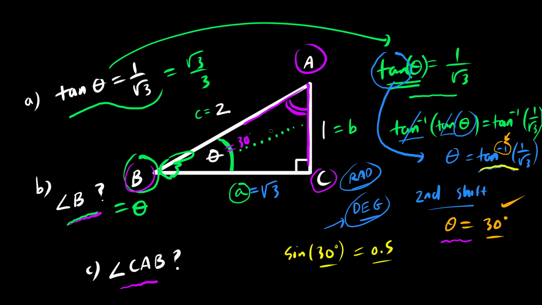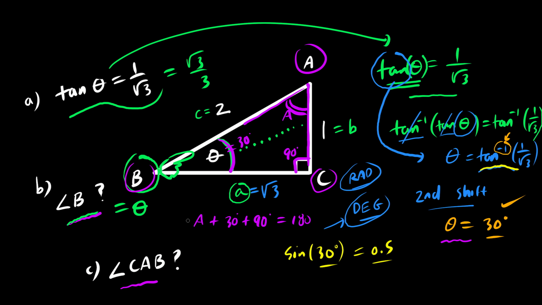Now the fastest way to solve this is we have 30 here. We have 90 here. This represents 90 degrees, this little square corner. And so we know that the three angles in a triangle add up to 180. So I'll call this angle A. So A plus 30 plus 90 is equal to 180.